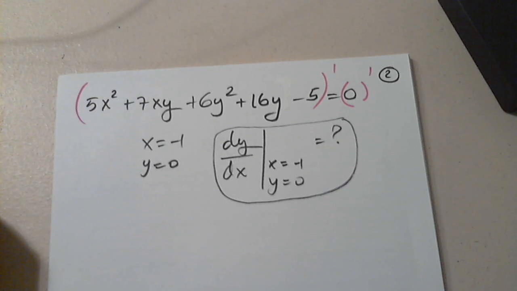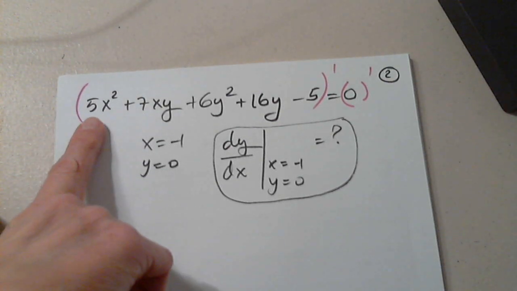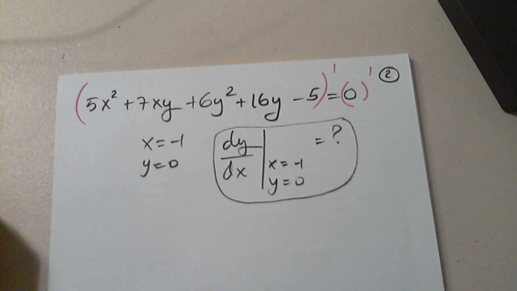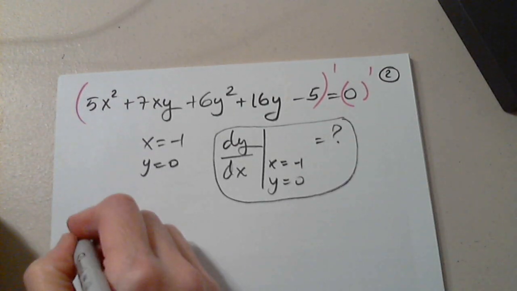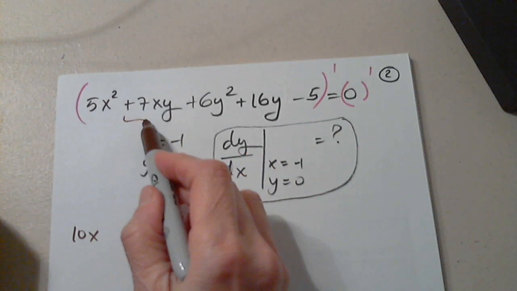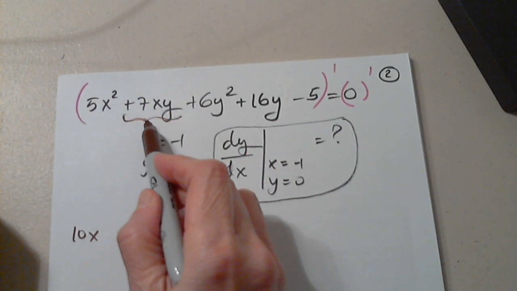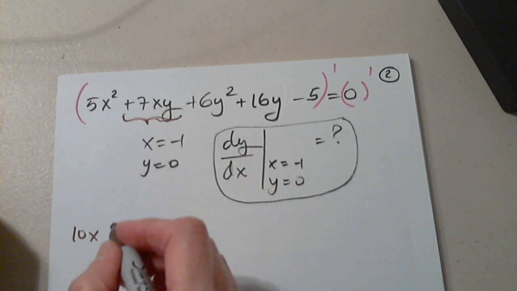Can anyone help? Let's see what was difficult here. Can anyone differentiate 5x squared? 10x. Very good, awesome. Can anyone differentiate this, but we have to identify what it is first?